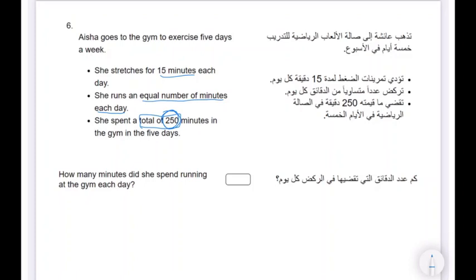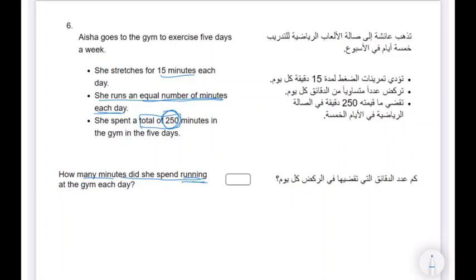What do they want? How many minutes did she spend running at the gym each day? What information did they give us about running? That she ran an equal number of minutes each day. So how do we approach this?